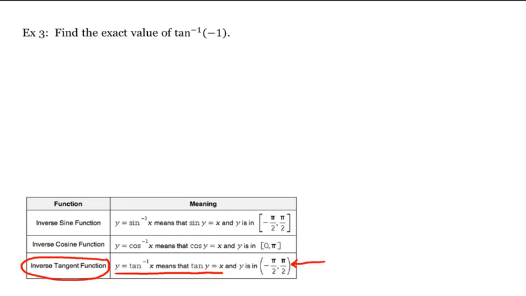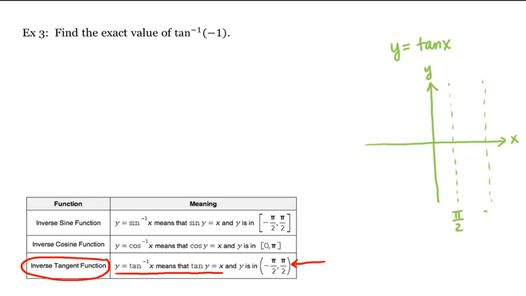So let's take a look at the graph of tangent to see why this interval works. So y equal to tangent of x looks like this. Here's the y-axis, and this is the x-axis. Now tangent has vertical asymptotes at π/2, 3π/2, and so on, as well as -π/2, as well as -3π/2.